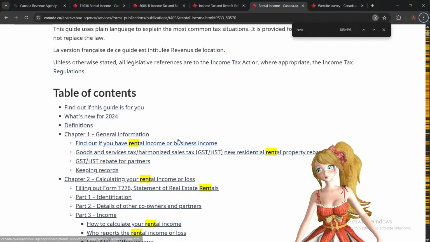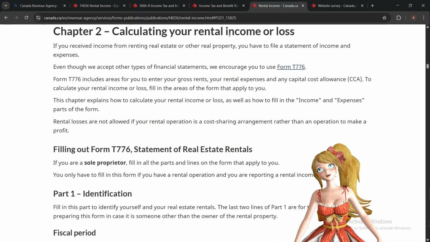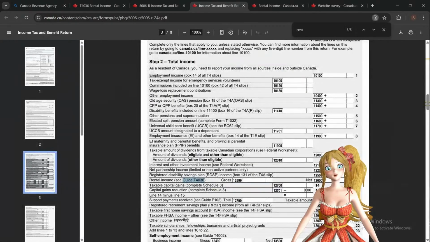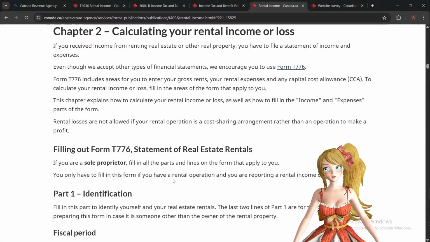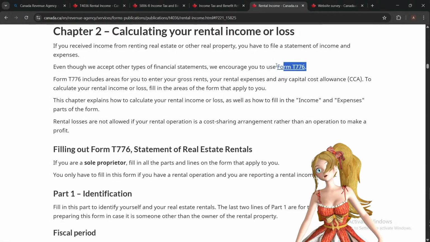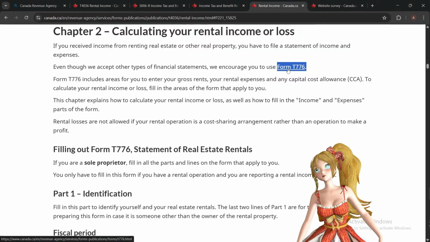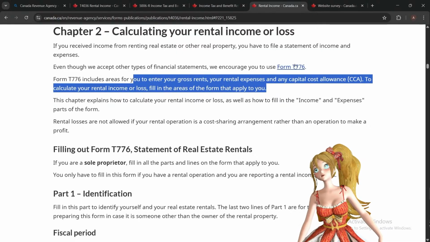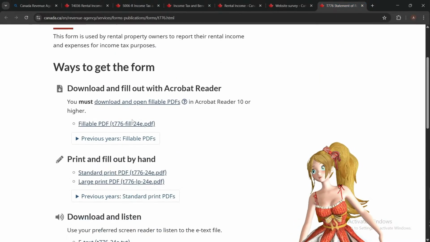Yeah. So in the guide, Chapter 2, calculating your rental income and loss. So rental income, how do we calculate rental income? Well, we go to form T776. And we fill that out. Okay, so let's open T776.